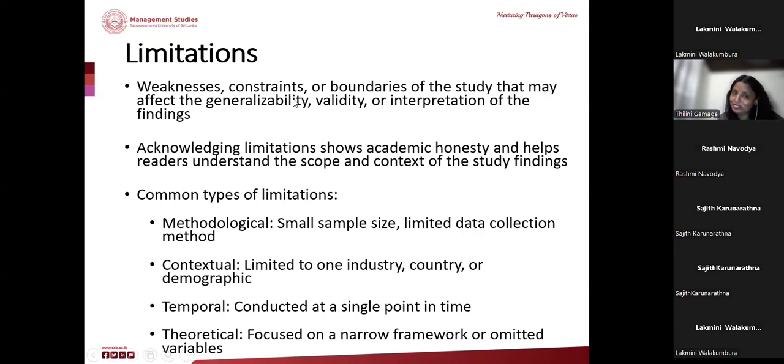As I told you, limitations basically refer to weaknesses, constraints, or boundaries of the study that may affect the generalizability, validity, and interpretation of the findings, which we need to openly acknowledge. That shows our academic honesty. But if we just neglect them and pretend that our research is perfect, that will be a disadvantage for your work.